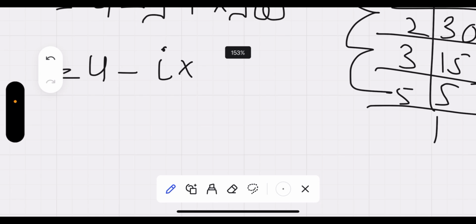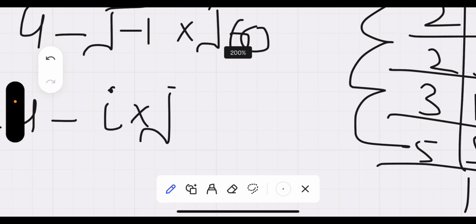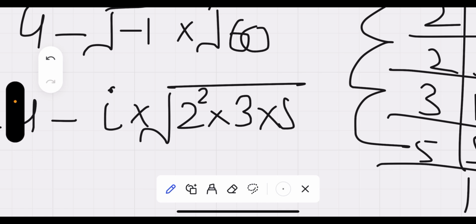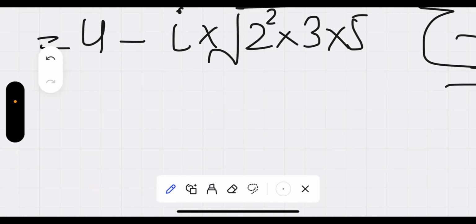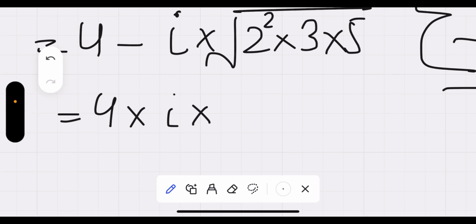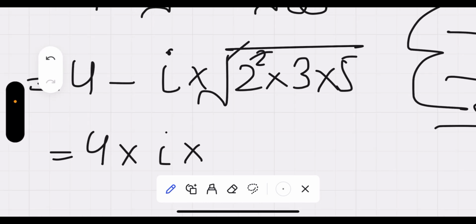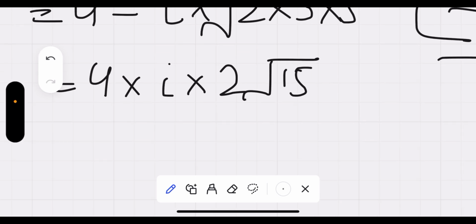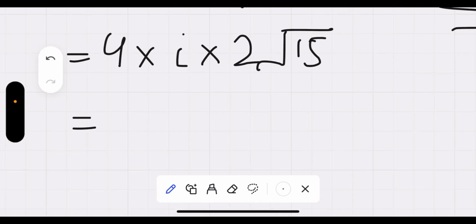Only the square will be cancelled with the square root, however 3 times 5 is 15 will still be within the square root.